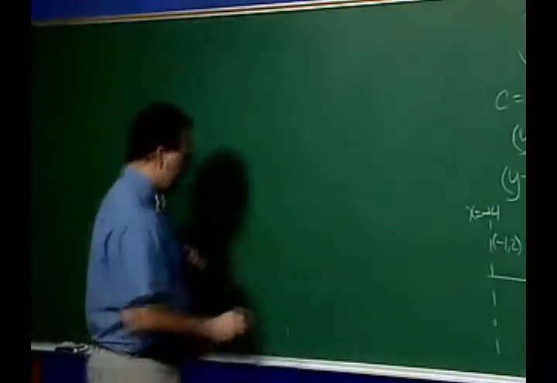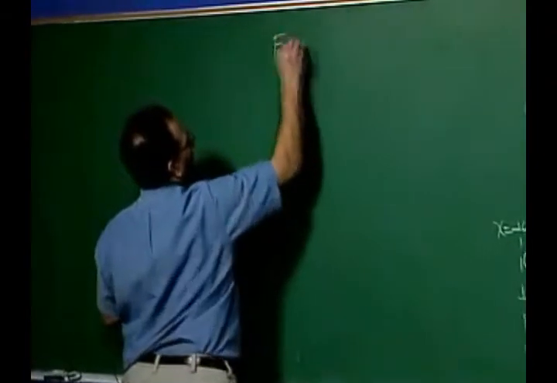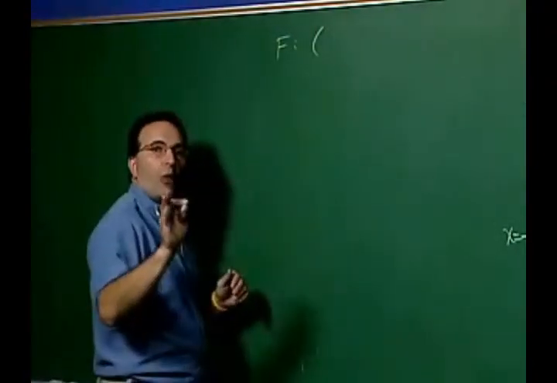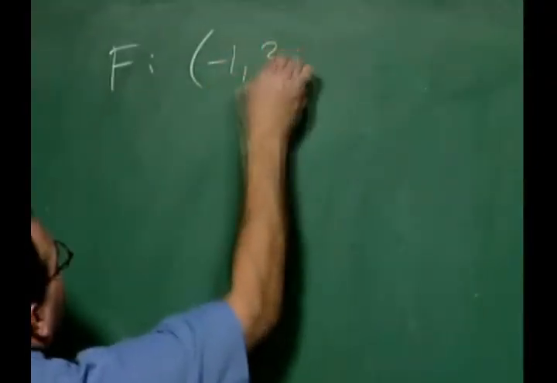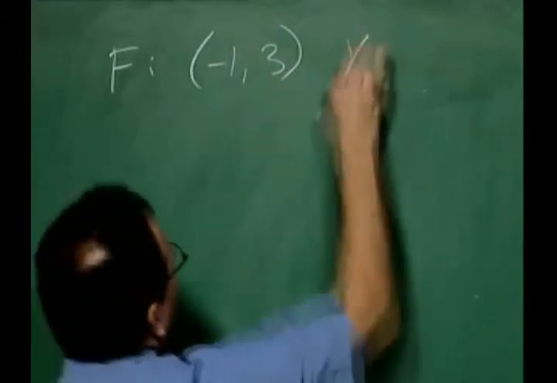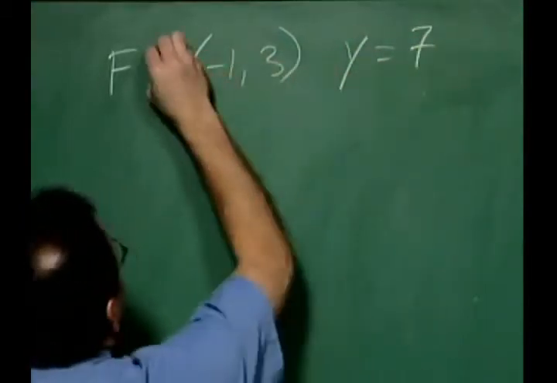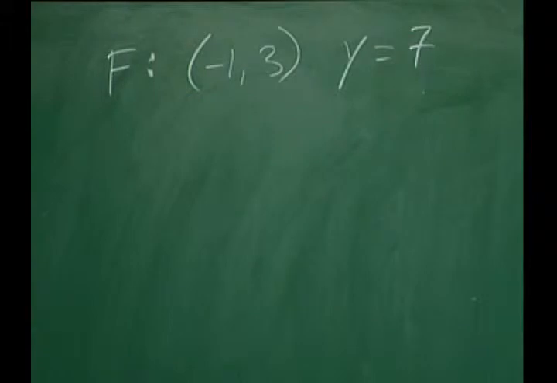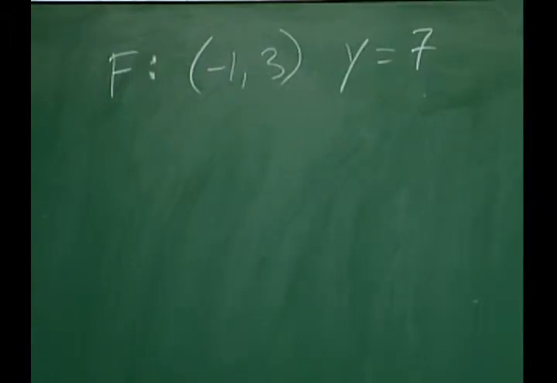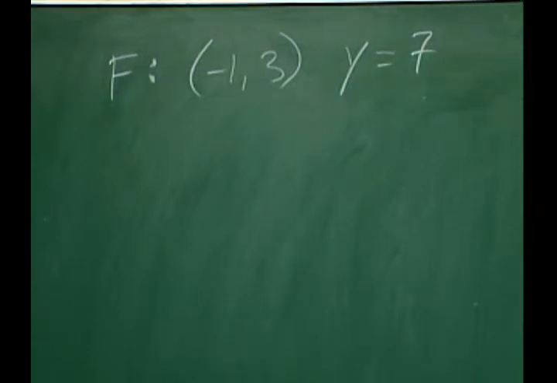You were given the information that the focus was (−1, 3), and that the directrix was y = 7. Okay, what that means is since the focus is underneath the directrix, the parabola opens downward.